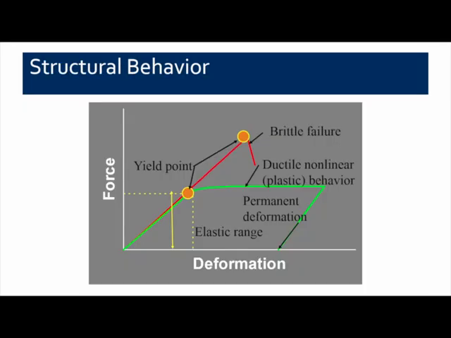So when we're looking at a building or an individual structural element, we're concerned about the actual behavior of the elements. And the reason for this is, as we described before, buildings are designed to be damaged in a major earthquake. That's the expectation we do in design. And the reason we can do this is because we introduce a behavior into the structural elements that would be appropriate for being damaged.